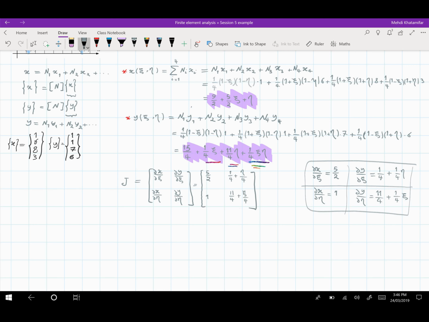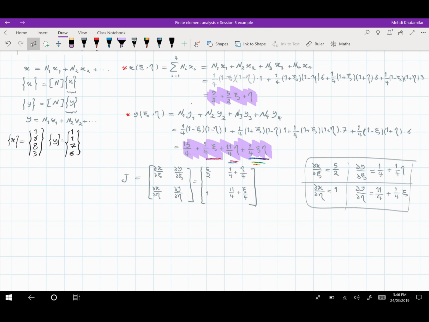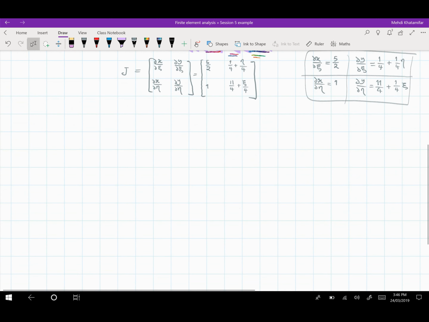But you know that we always use the inverse of the Jacobian. So let's see what the inverse of the Jacobian is. I'm pushing a bit upward to have a little bit of space to write.